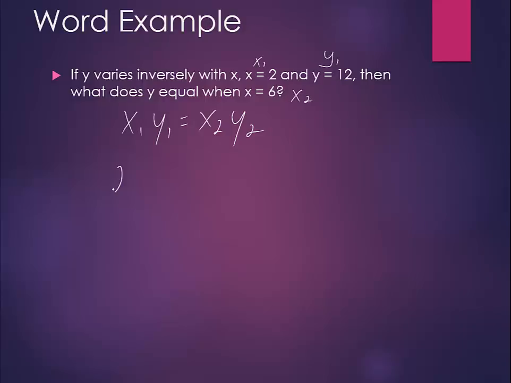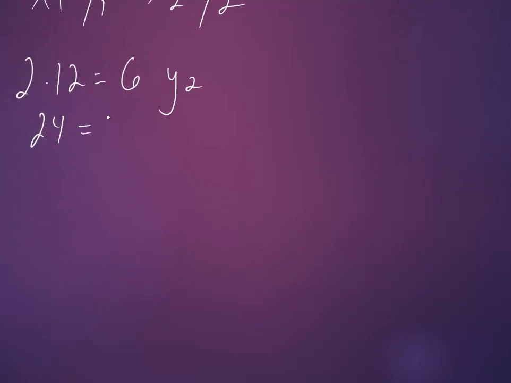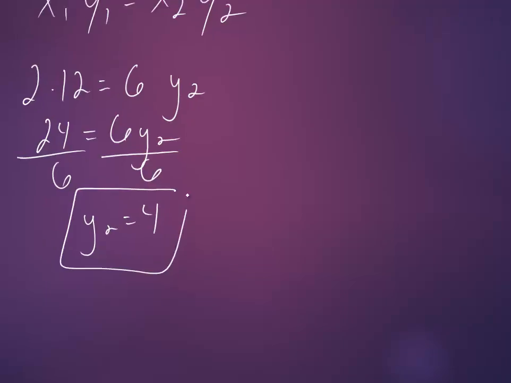So we're going to have 2 times 12 equals 6 times y2, because we don't have a y2. So let's go ahead and solve for that. 2 times 12 is 24. So 24 equals 6 times y2. To solve for y2, we're going to divide by 6. So then y2 will just equal 4.